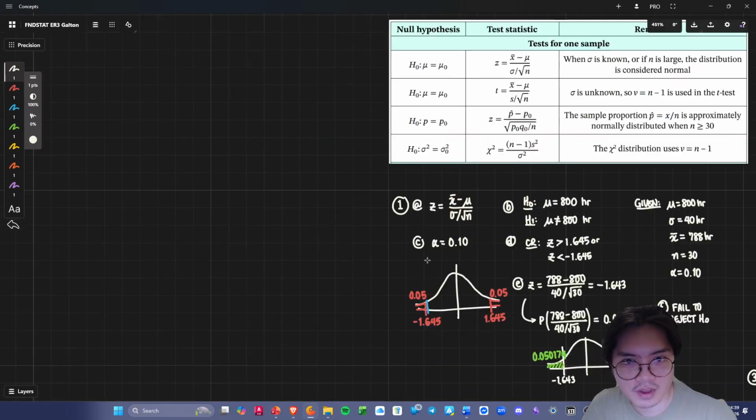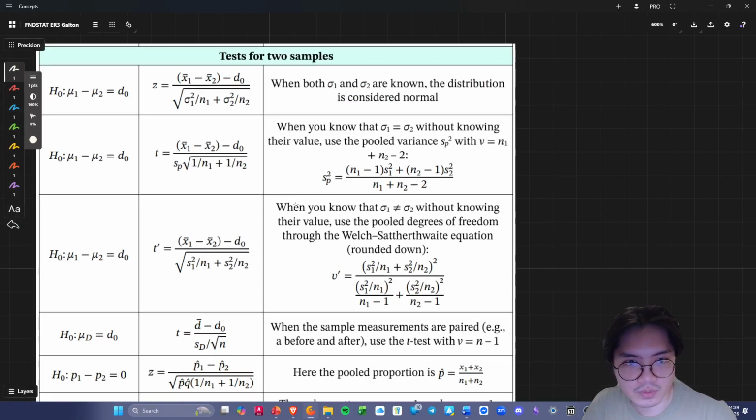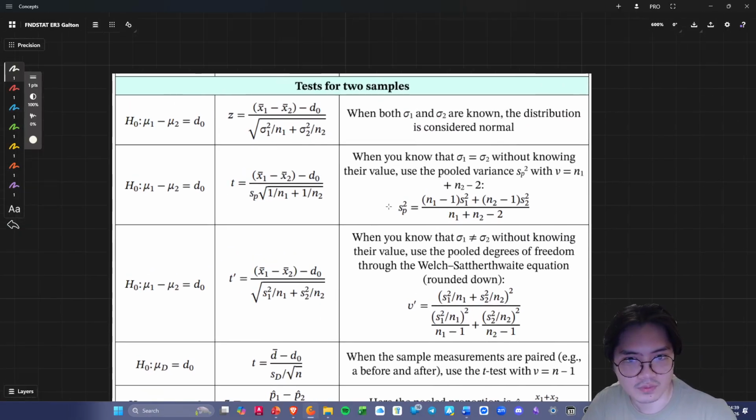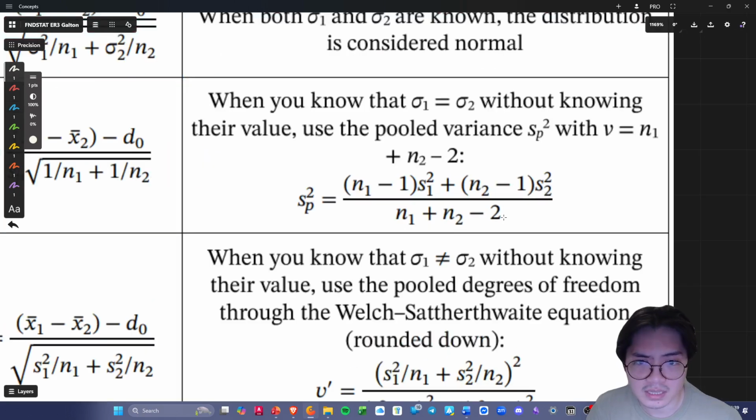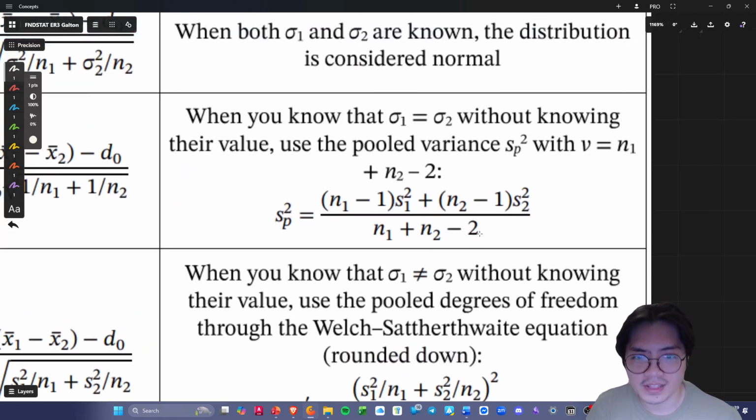They have equal variances, so we'll just use the pooled variance. When you know that the population standard deviations are the same without knowing their value, we just assume the pooled variance. If you want to see this, it looks like a weighted average. What do you mean, a weighted average?